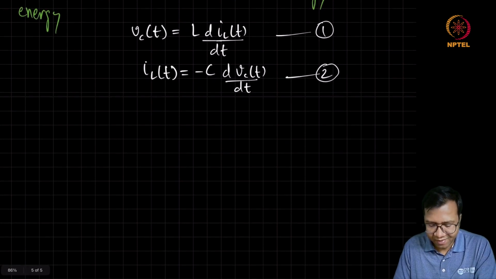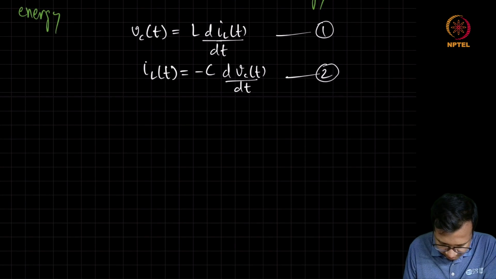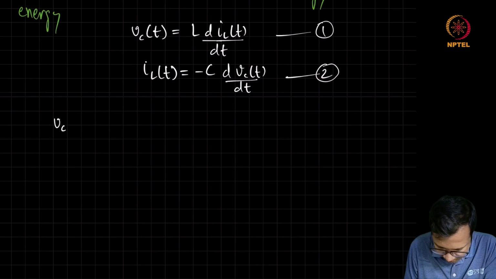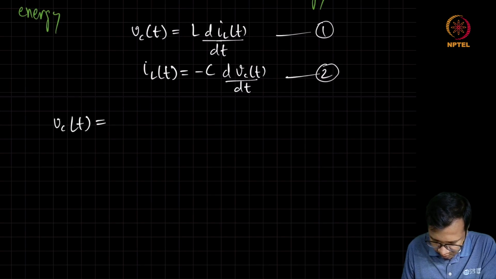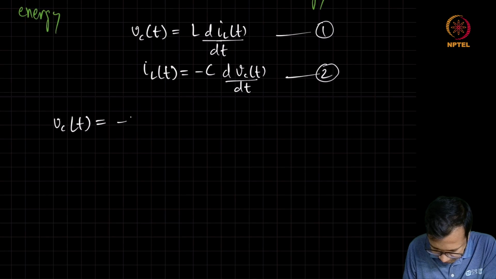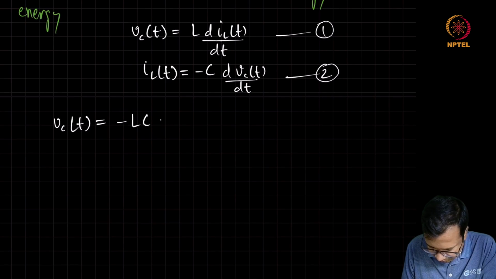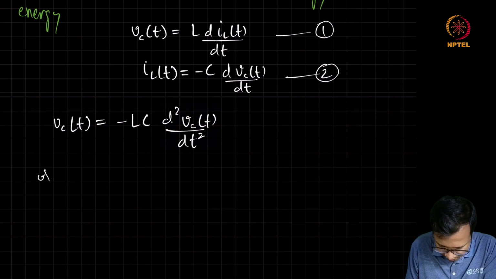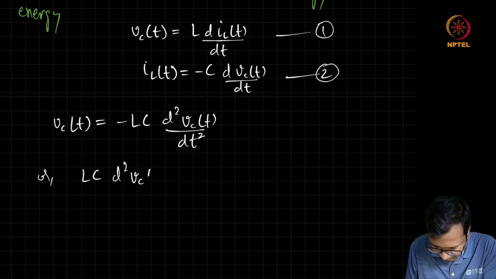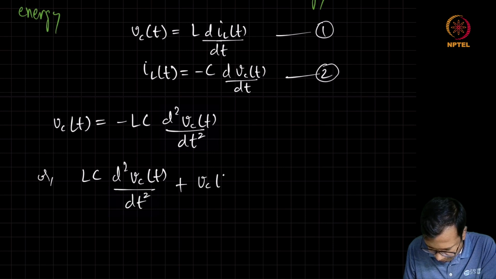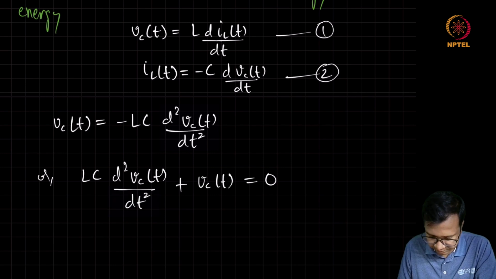By using these two equations, we can see that VC of t is equal to minus LC double derivative of VC itself, or LC double derivative of VC plus VC is equal to 0.